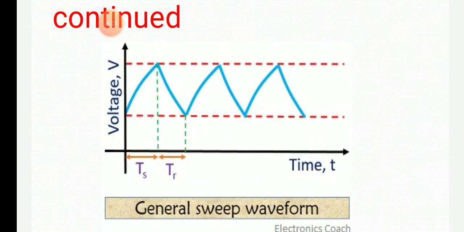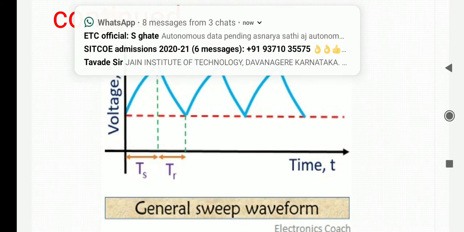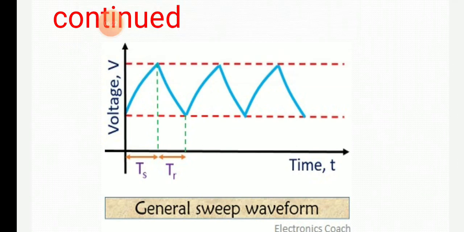This is the general sweep waveform with respect to time and voltage. On the x-axis you use time, and on the y-axis you measure the voltage or amplitude. That is the sweep time and also the retrace time. TR stands for retrace time, and TS stands for sweep time or sweep mode.